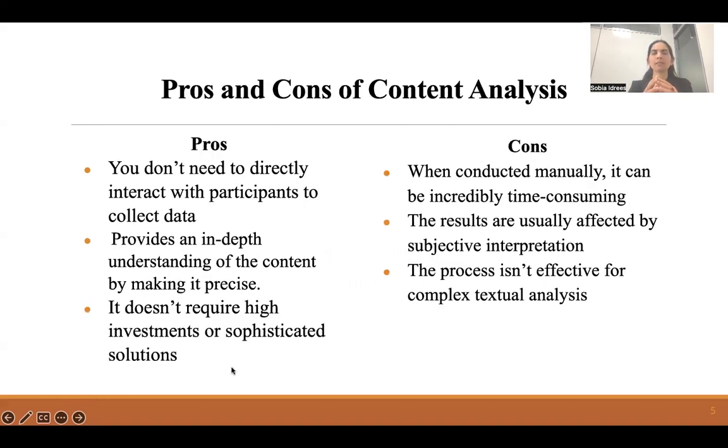We look at the pros and cons of content analysis. For the pros, the best and foremost benefit is that you do not need to go to the participants to collect data. The data is already out there, so you just have to grab it. Second, it gives an in-depth understanding of the content, but you have to make it precise.